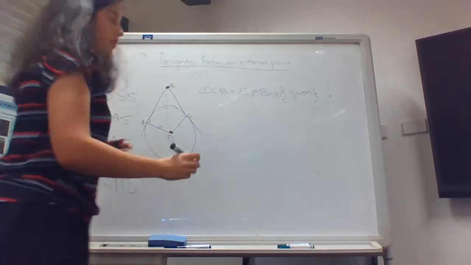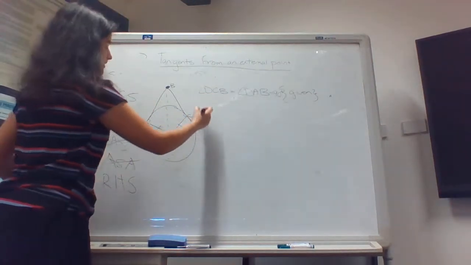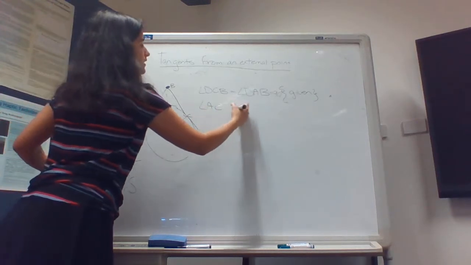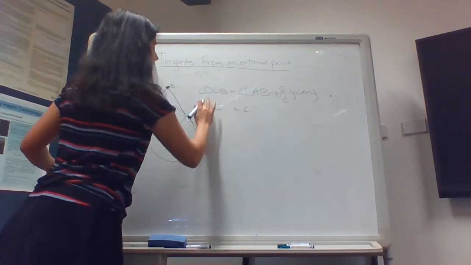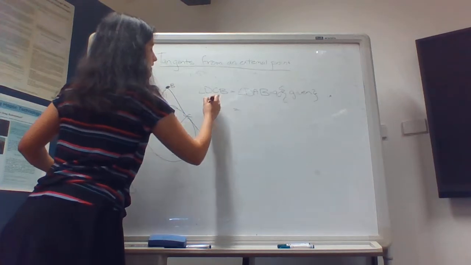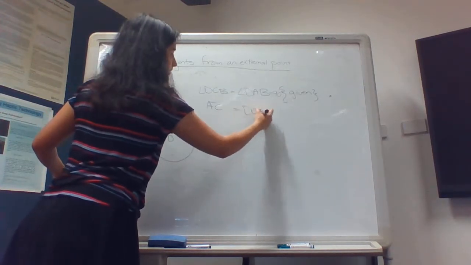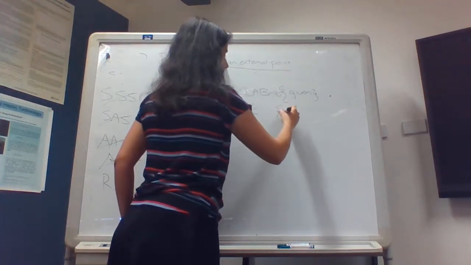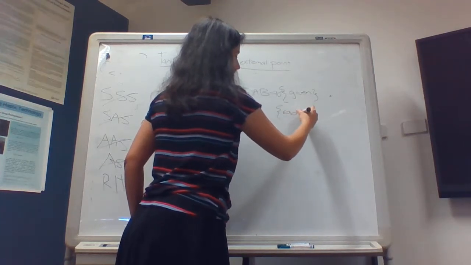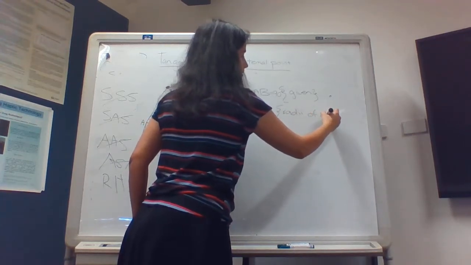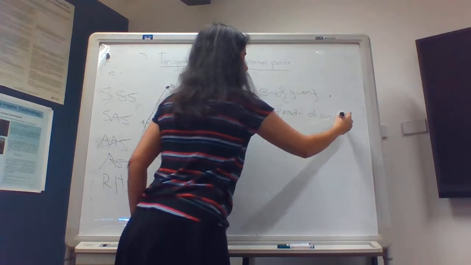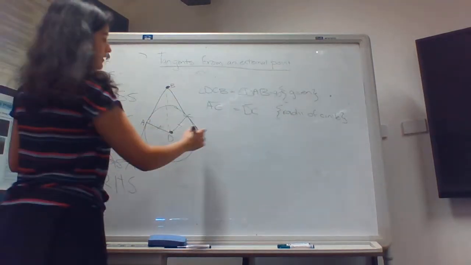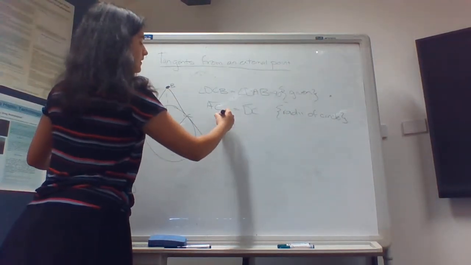That's given. Okay, now we also know that side AC equals side, oh, that's not a side, that's an angle. Okay, side AC equals side DC. Why? Radius, or radii of circle. Okay, 2 bits of information. And then we know that BD is shared.